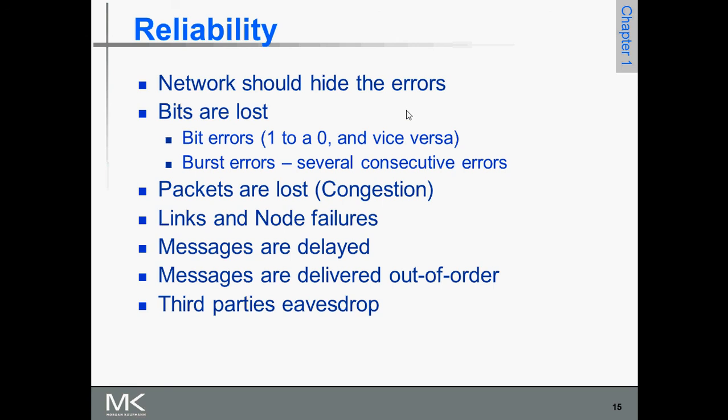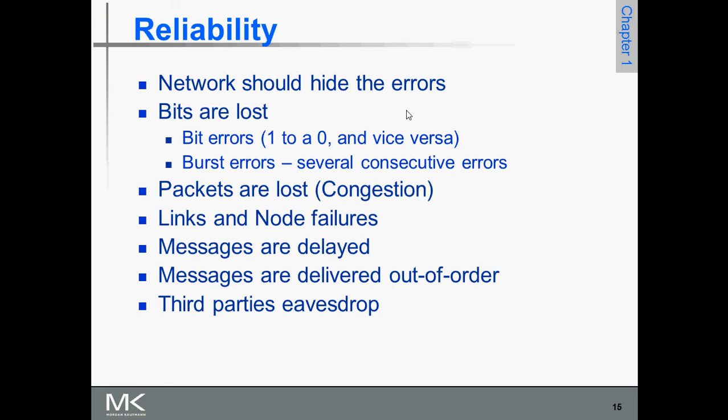So what are all the possibilities of errors? The first possibility is bits are lost. That is, it creates bit errors. The 1 may be turned to 0 or 0 may be turned to 1. Then we have burst error. Sometimes due to heavy traffic there is a chance for bursts in packets. Then we have another physical problem, that is link and node failure. Today, it is practically not possible to assure against link and node failure.